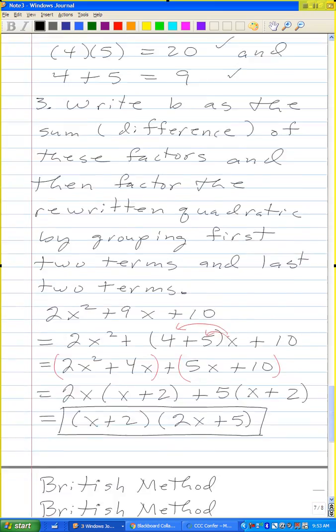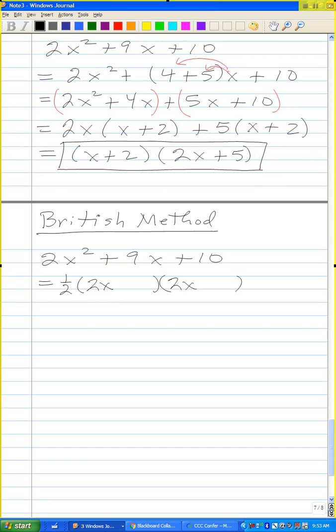And so drop down the plus. Times plus is plus. Again, 2 times 10 is 20. So I want to find two whole numbers whose product is 20 and whose sum, because that's a plus sign, is 9. So 4 and 5. Okay, and so let's do that.